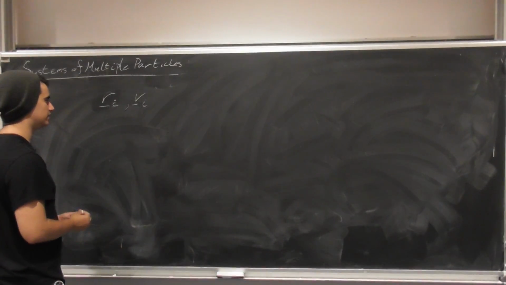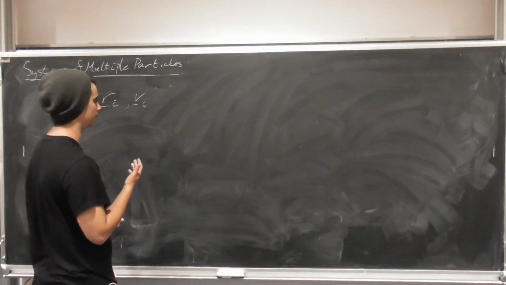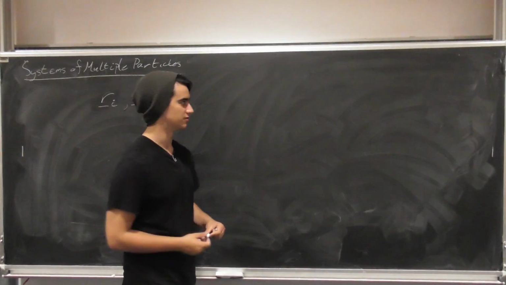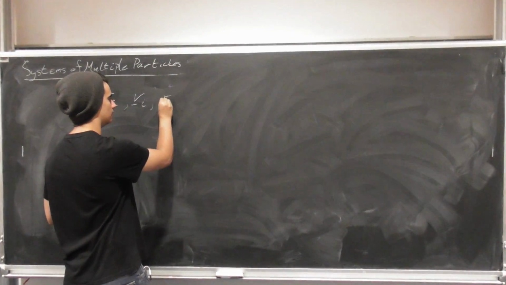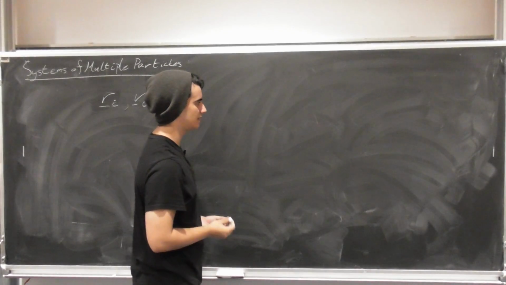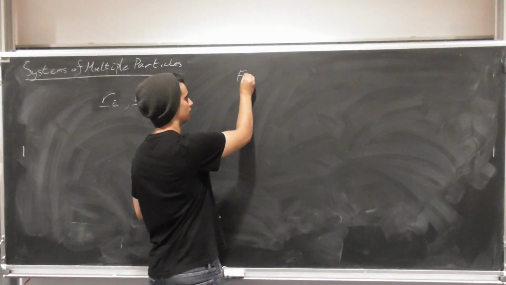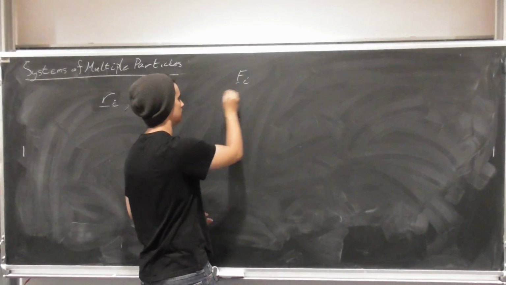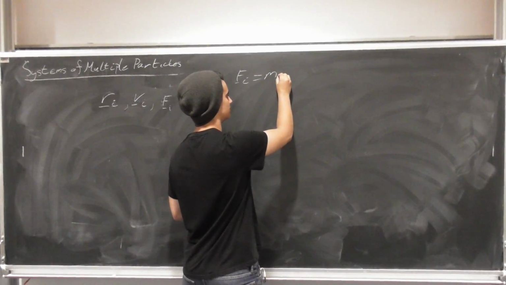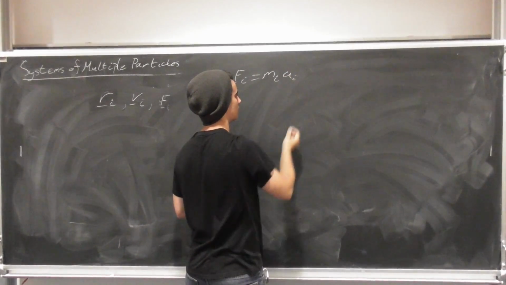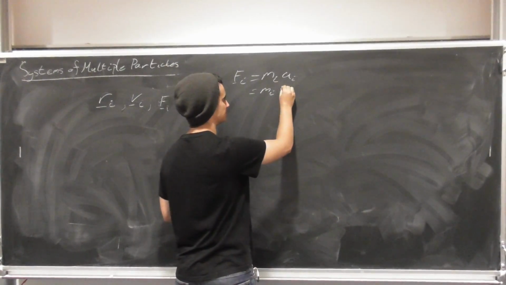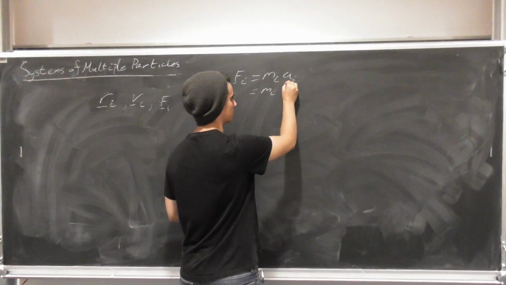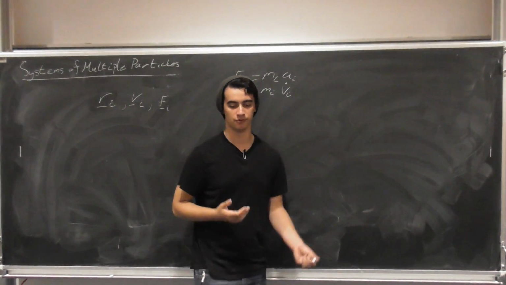So when we are thinking about how to model this, we have our acceleration vector, or really our force vector. We can say that the force vector of the ith body is the mass of the ith body times its acceleration, which is nothing more than the mass of the ith body times the time derivative of the velocity of the ith body.